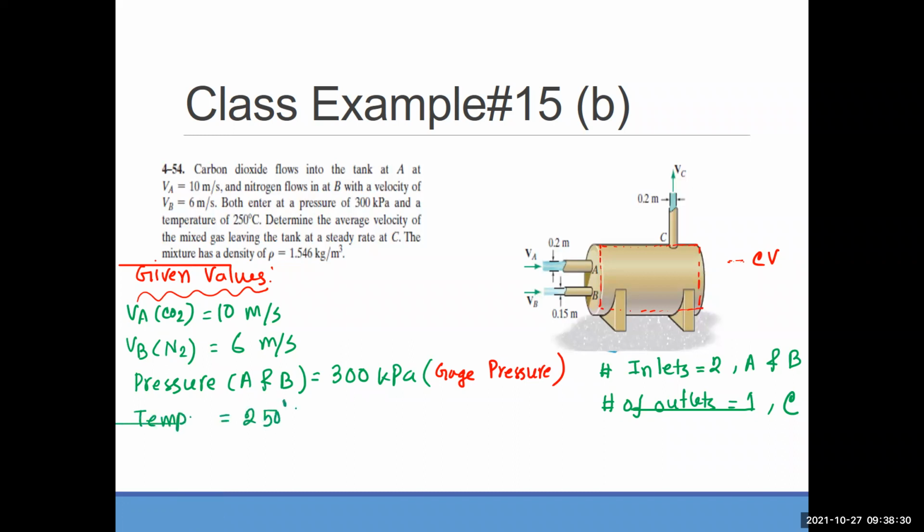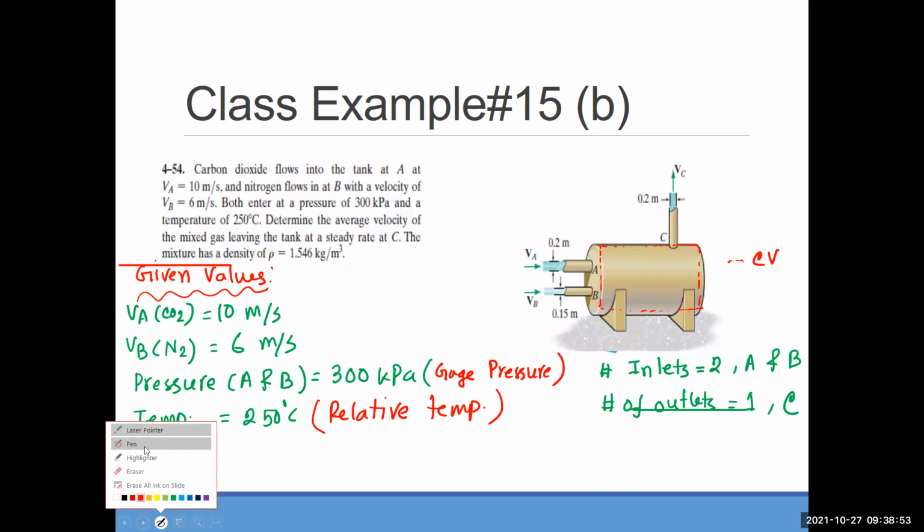What else do we know? Temperature 250 degrees centigrade. Now from the unit, it's not Rankine, it's not Kelvin. So the temperature is relative, not absolute. Yes, good. Okay, so I'll make a note of that also. Now the last thing is they give you the mixture density.